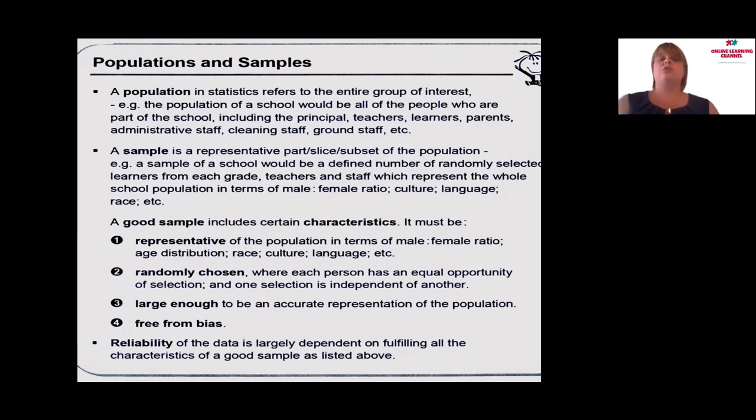I need to distribute it between male and female, ages, race, culture, language, so I have a clear view of my data set. The next one is randomly chosen, where each person has an equal opportunity of selection, or one selection is independent of another.